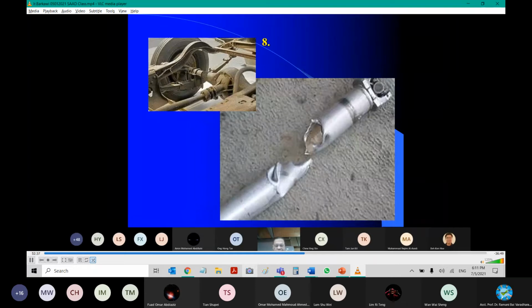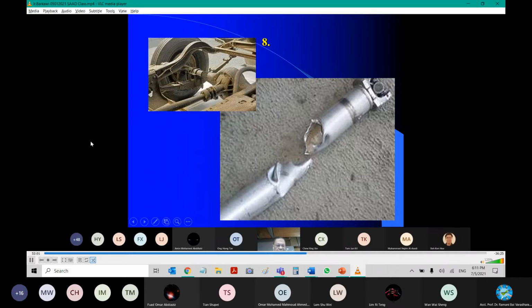Right. The next one is also talking about a torsional shaft. Now, this is if you have a rear wheel drive vehicle, like buses, lorries. So if you look underneath that vehicle, you can see this type of shaft. Yeah.